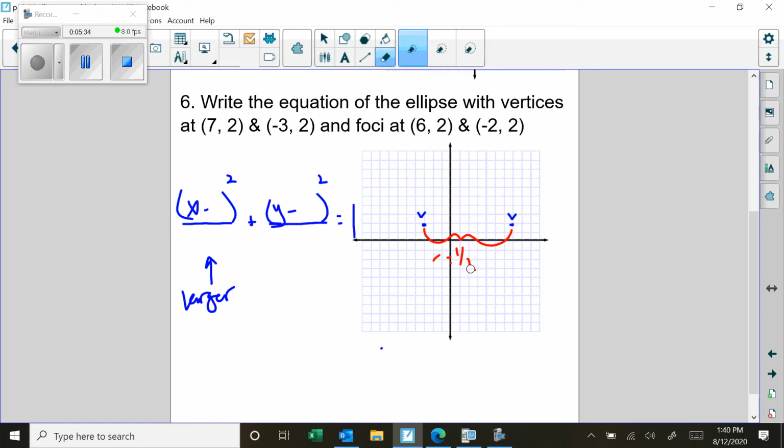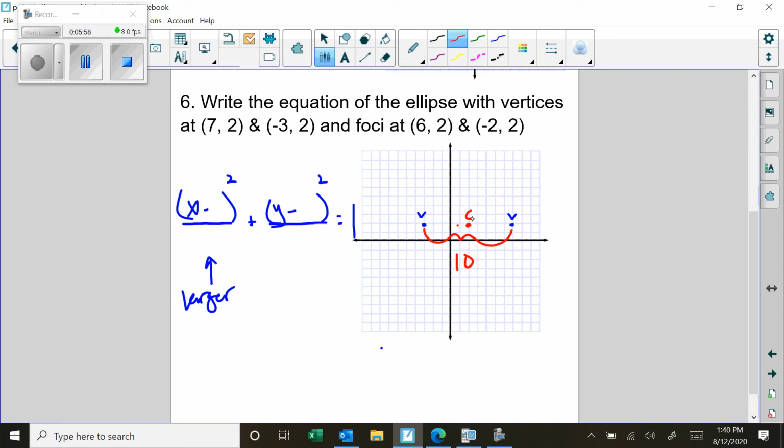Let's make that bigger. 1, 2, 3, 4, 5, 6, 7, 8, 9, 10. It's 10 units. So halfway is 5, which puts our center 5 units from each vertex. So 1, 2, 3, 4, 5. That is the center right there.